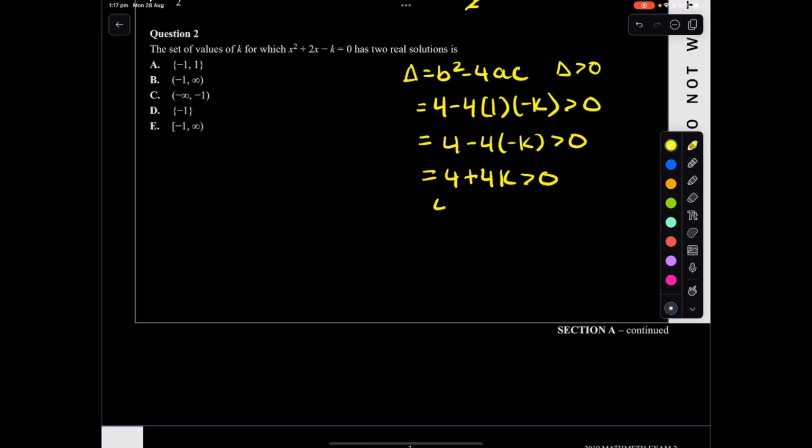Which would be, say, 4k is greater than -4. And k is greater than -1. Meaning that our actual k, so k is an element from -1 to infinity. Perfect. Looks like B is your answer for that one.